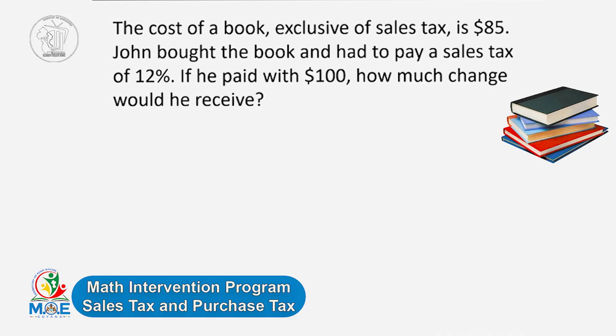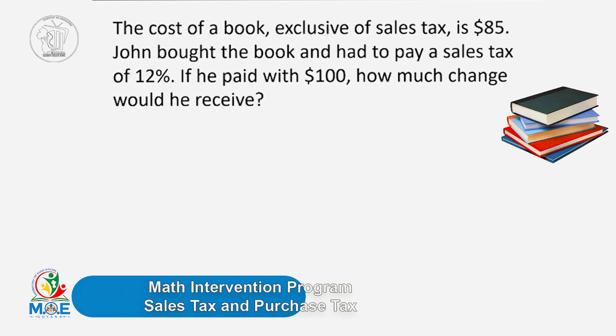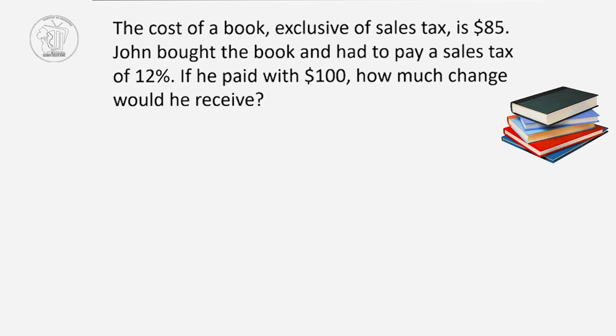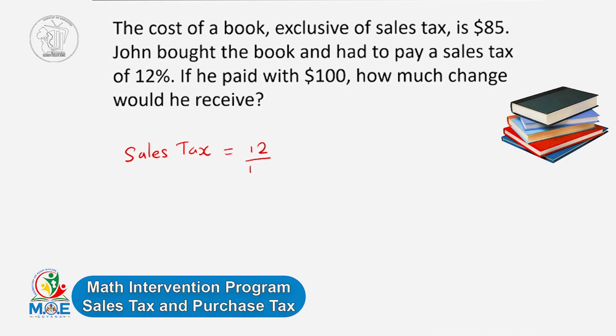So we need to find the cost of the book after we add on this 12% tax. The sales tax for the book would be 12%, which is 12 over 100, multiplied by the cost of the book, which is $85.